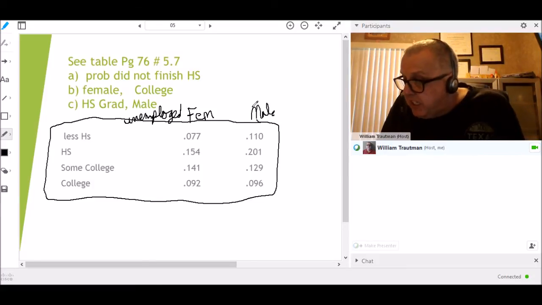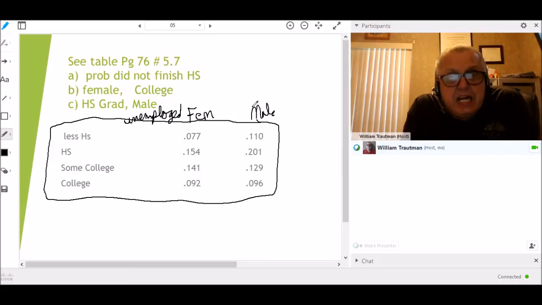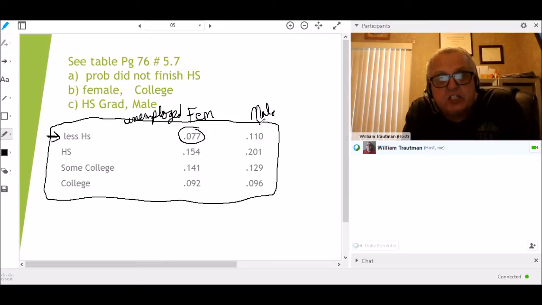So if one of these unemployed people is selected at random, we're doing 5.7a, what is the probability that he or she did not finish high school? So which people did not finish high school? This is the less than high school row. So this is the percentage of females who did not finish high school.